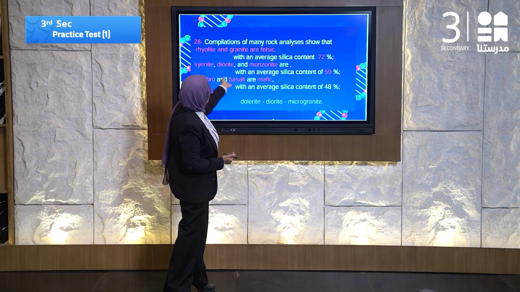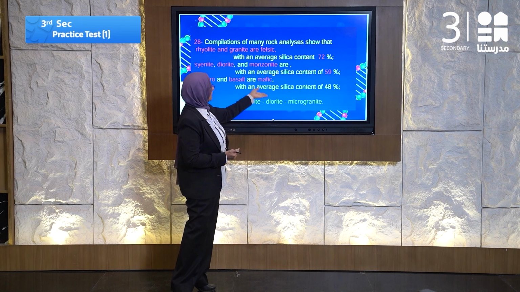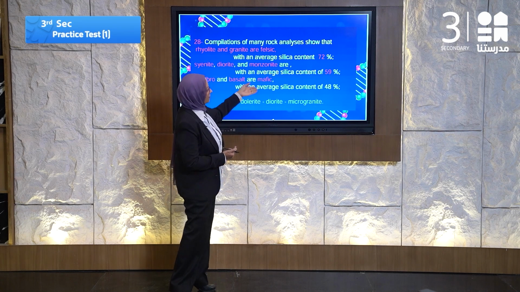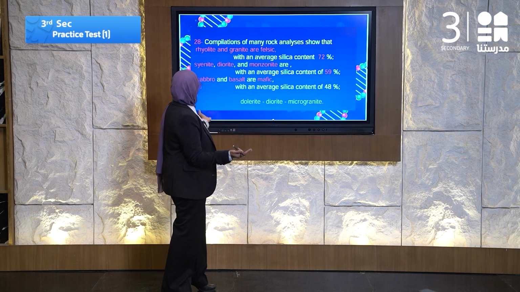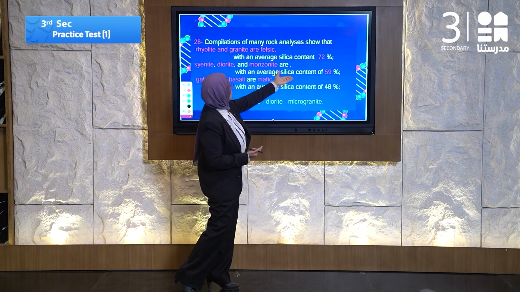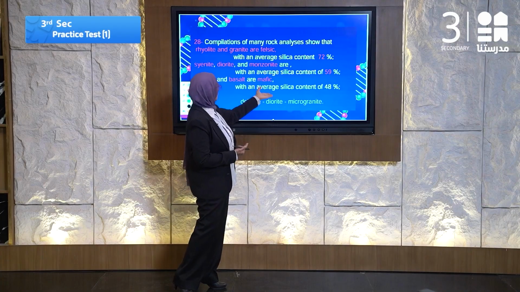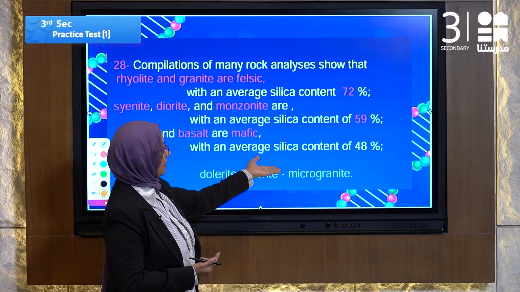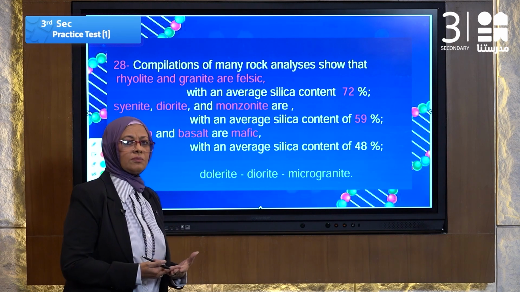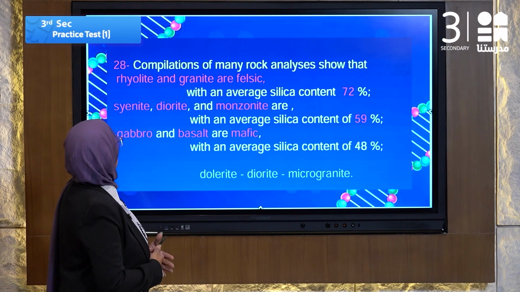Syenite, diorite, monzonite have an average silica content of 59%. Yes, it's high, but not as high as 72. Gabbro, basalt, mafic rocks have an average silica content of 48%. So we must ask ourselves how much silica they have.